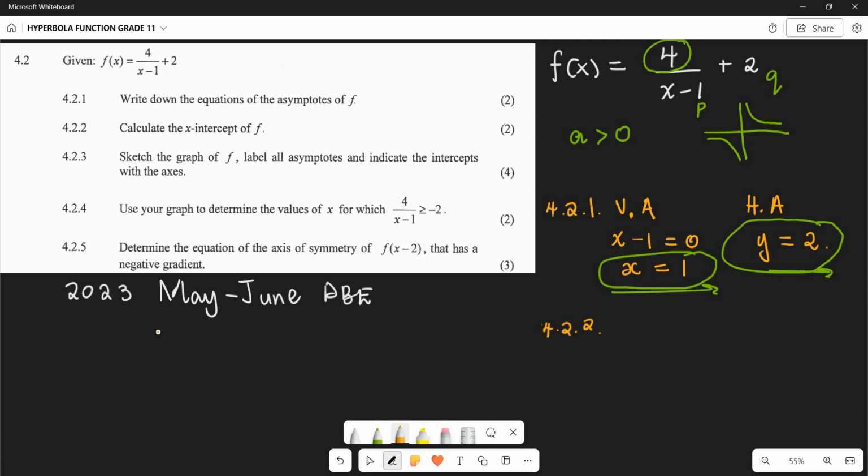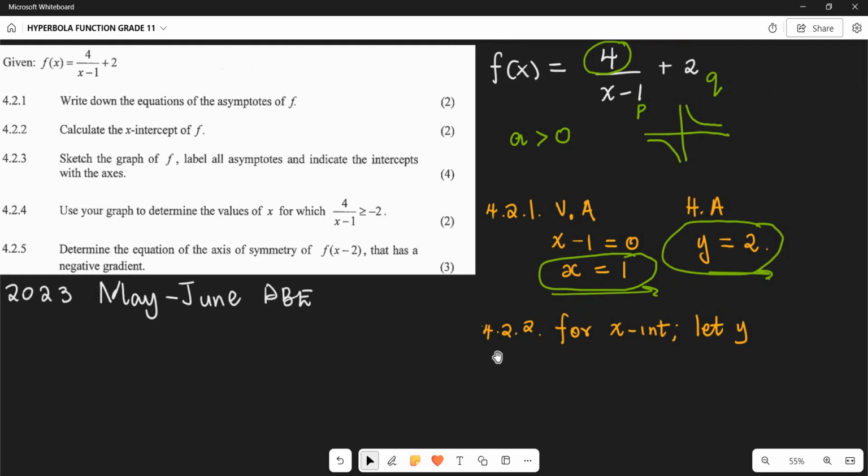All right, so 4.2.2, calculate the x-intercept. So we mentioned that for any x-intercept, we must let y, which is the same as your f of x, to be 0.